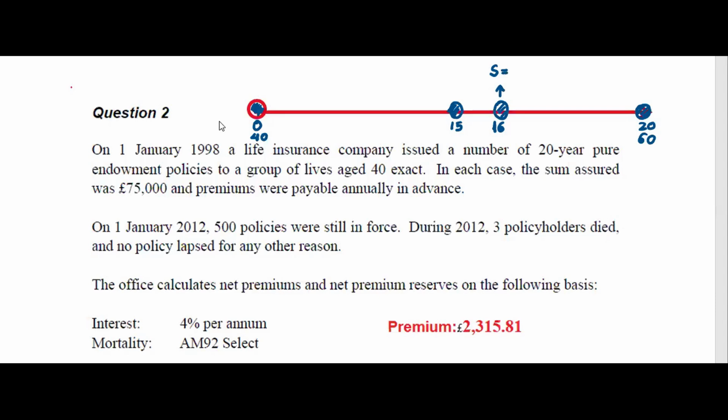If you find mortality profit during this year, what will be the sum assured? Because we're talking about 1 year, if the person dies during the year, the company has to pay some amount, which is required to find mortality profit during this year. In this case, this is a 20-year pure endowment. What is S if the person dies here?